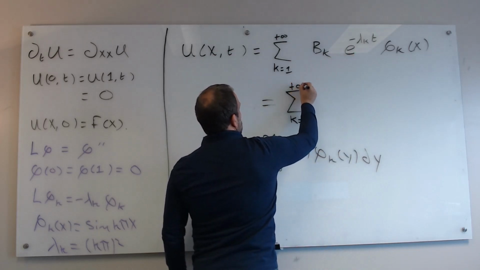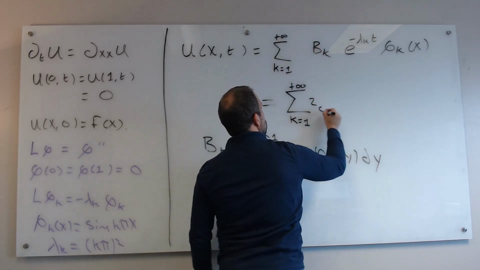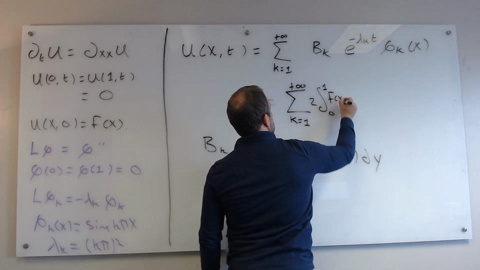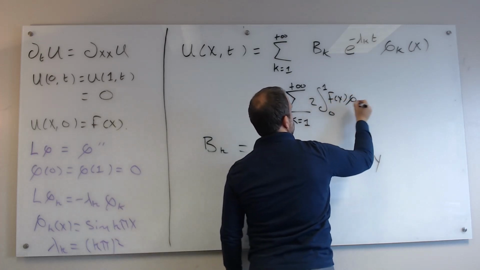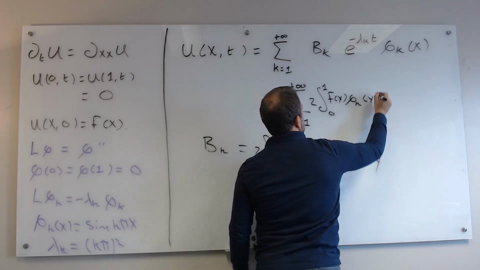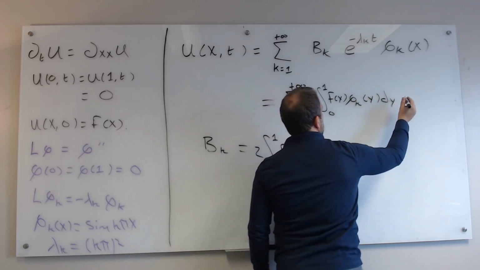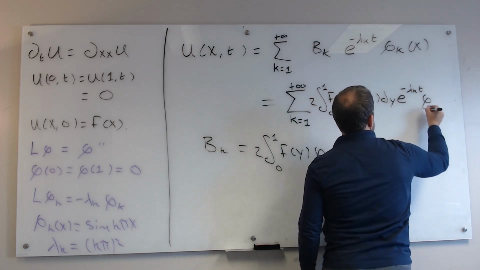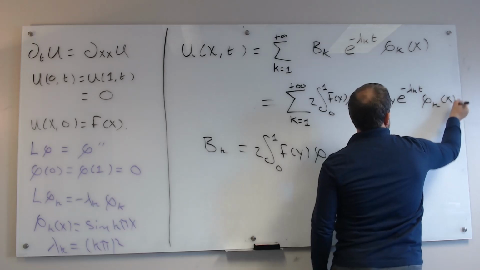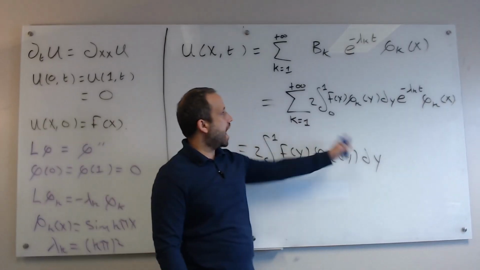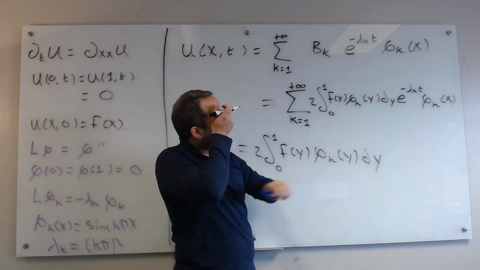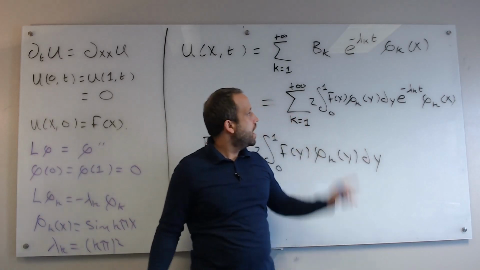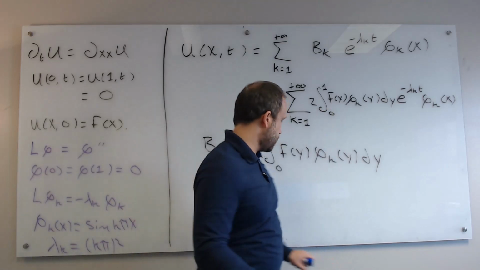So we're going to have the sum from k equals 1 to infinity of 2 times the integral from 0 to 1 of f of y phi k of y dy, times e to the minus lambda k t, vk of x. And again, I'm just keeping things abstract with vk's and lambda k's, but also remember vk is equal to sine of k pi x, and lambda k is equal to k pi squared.